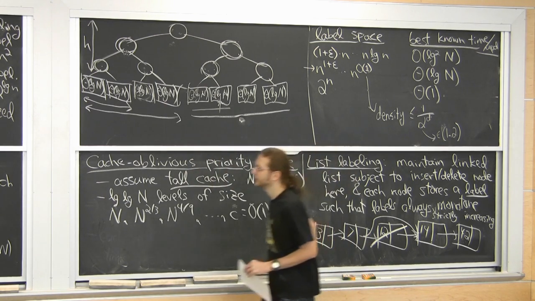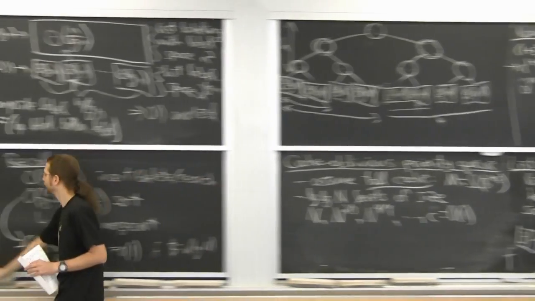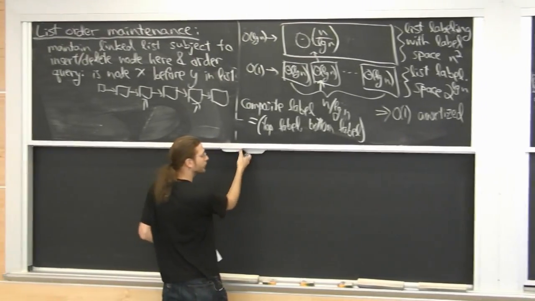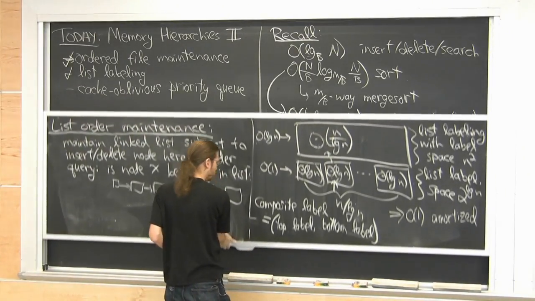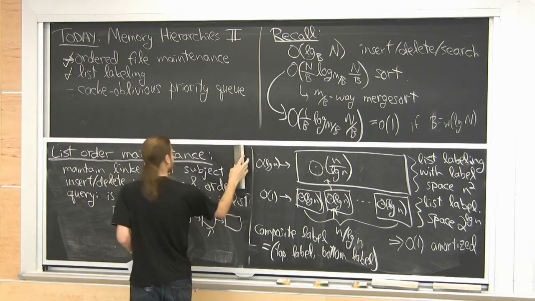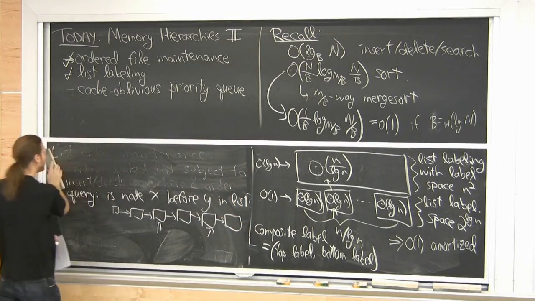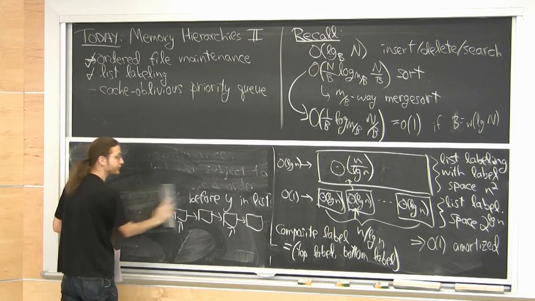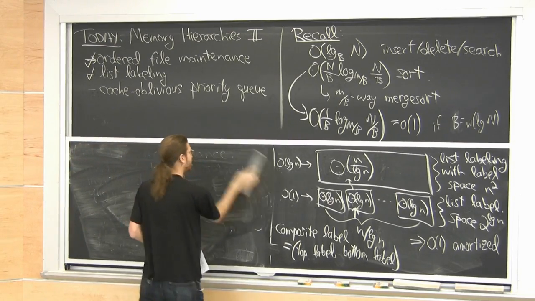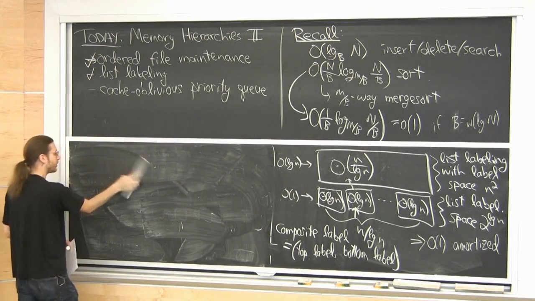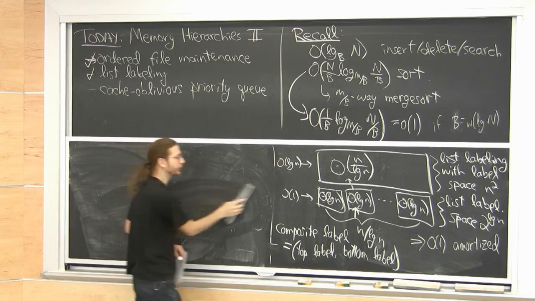I think I need a big picture. So the kind of funny thing about cache-oblivious priority queues is we're not going to use trees. It's basically a bunch of arrays in a linear order.